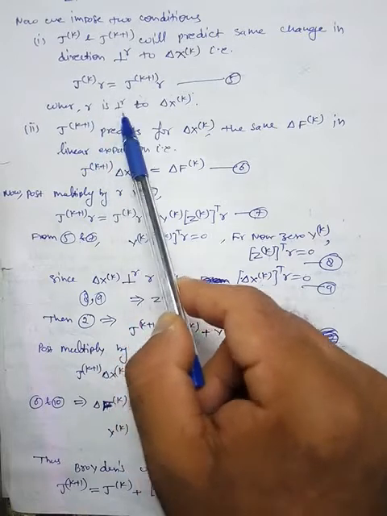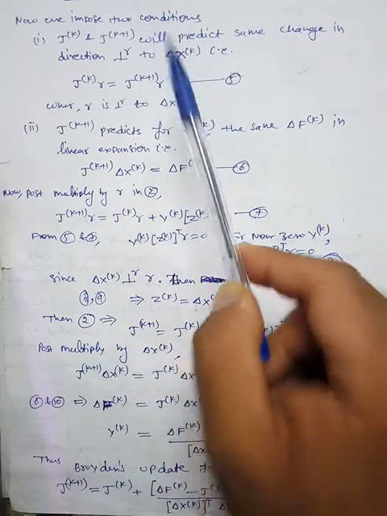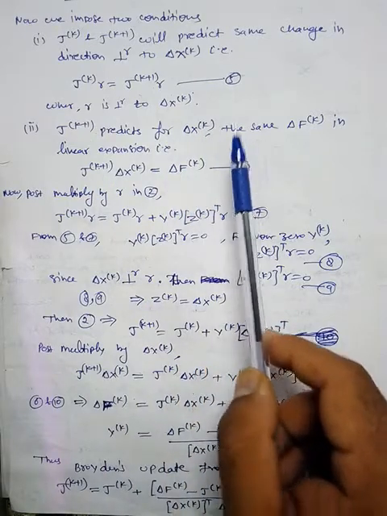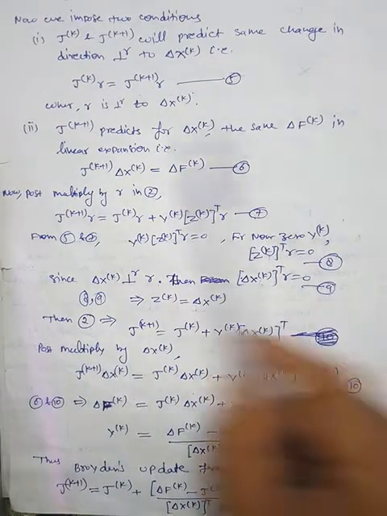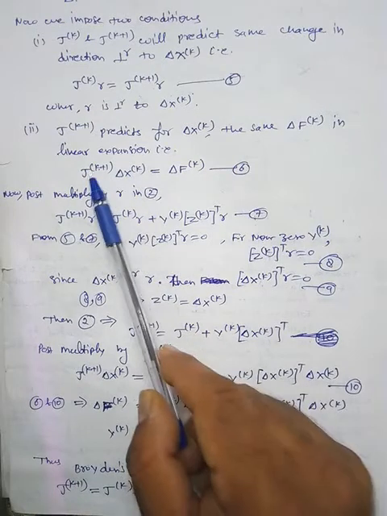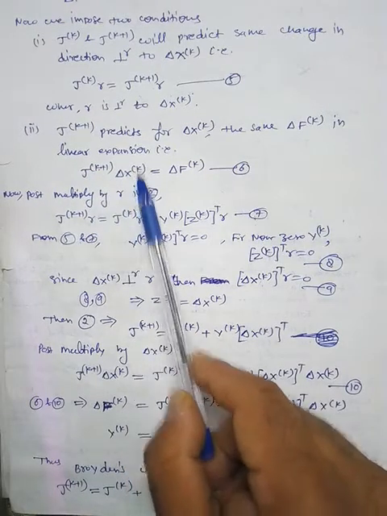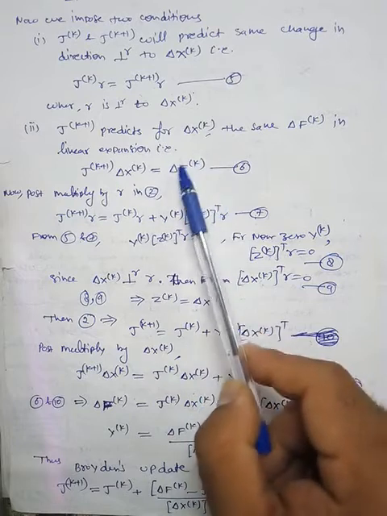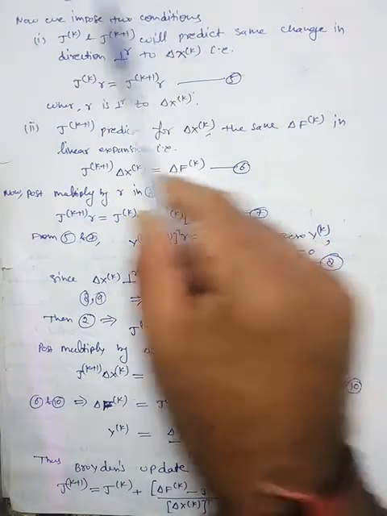So here r is perpendicular to delta xk. Second, J(k+1) predicts for delta xk the same delta fk in linear expansion. That means J(k+1) delta xk will provide the same change as we obtained by fk at the kth iterate.